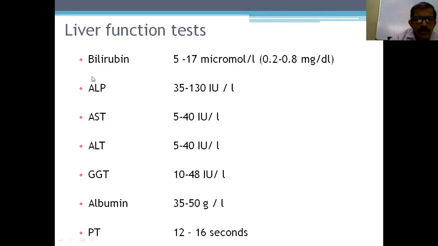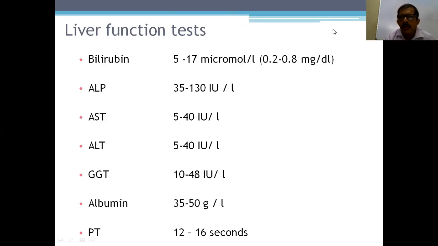Then all of you know the level of alkaline phosphatase. This is a very important measurement for not only the liver, but also another organ or system. Alkaline phosphatase is important in addition to the liver. Yes, it is the skeletal system.